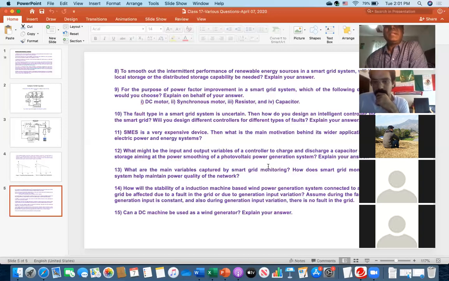So as the output variable, you have to choose the duty cycle of the DC to DC converter. Therefore, everybody please write down: the output variable will be the duty cycle of the DC to DC converter, and the input variable should be the power, in fact the active or real power.